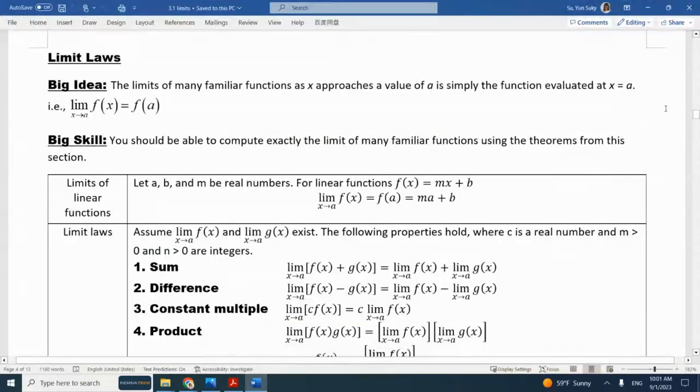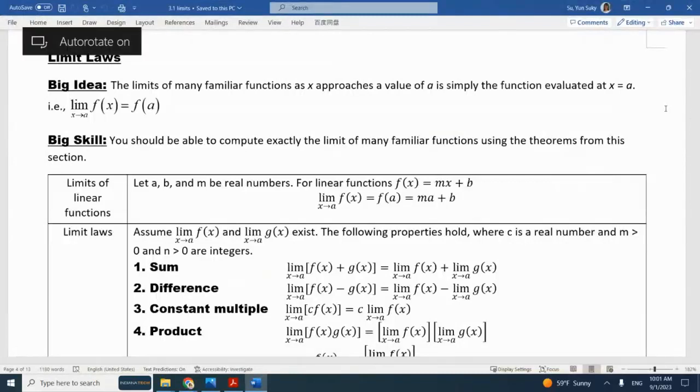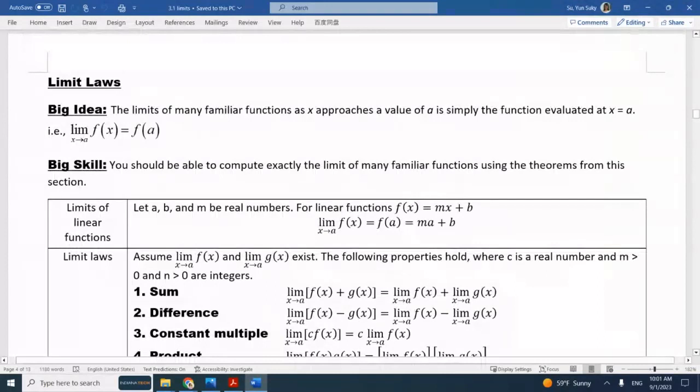Okay. So last time we talked about the definition of limits, right? And we also talked about the left side of limit and the right side of limit, right, everybody? And we also talked about when limit does not exist, right?